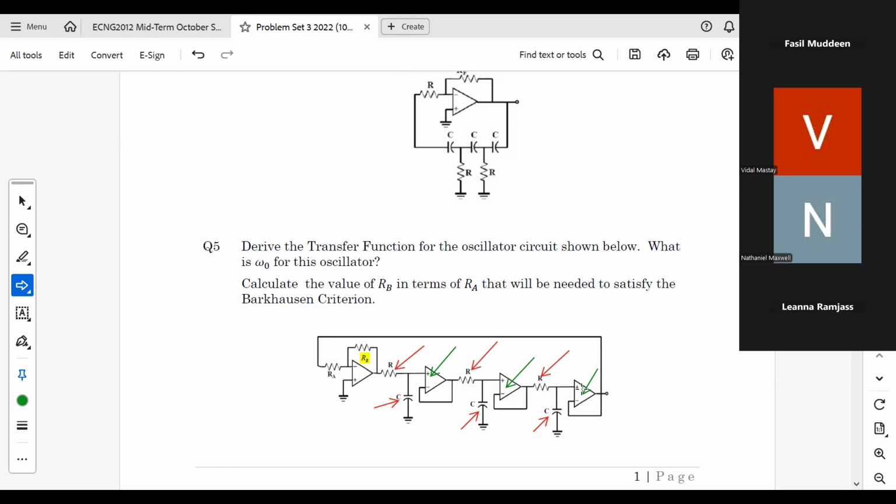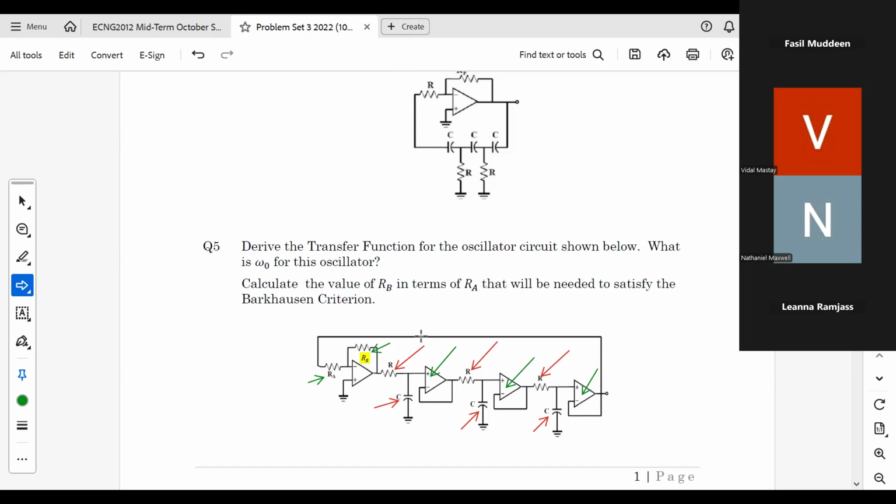And then just to calculate these two values here, RA and RB, the same process. You substitute s equal to j omega in the transfer function that you got, and find out the value of omega that makes the imaginary part, the j part of that transfer function, 0.